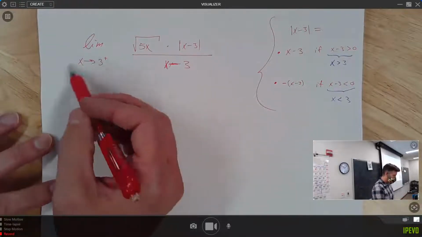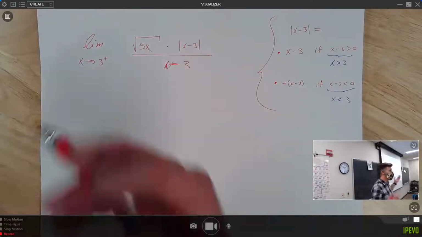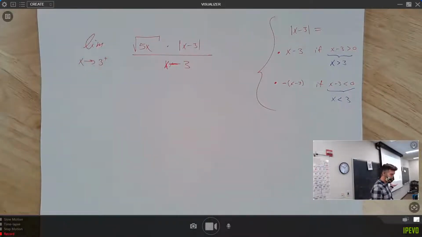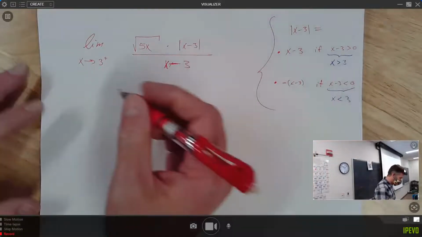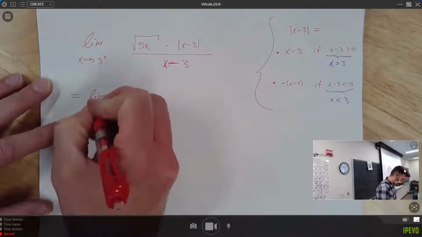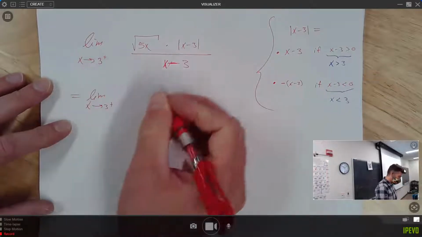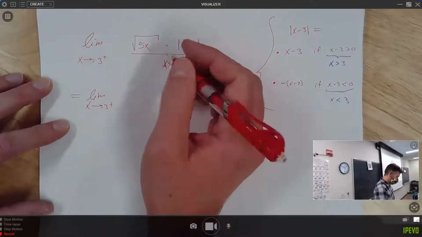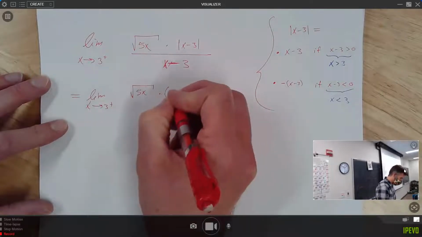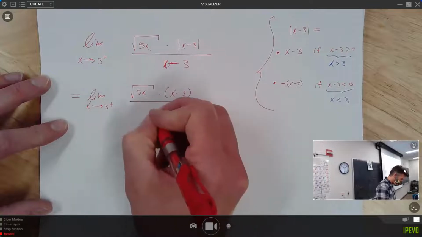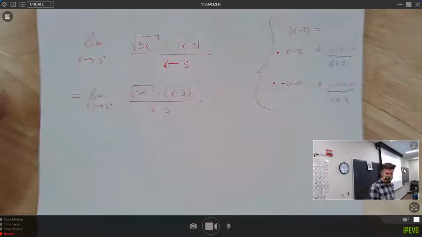So if we're approaching 3 from the right, we're bigger than 3. If we're bigger than 3, we get to use this piece of the function. So for this first part of this limit, we do just get to say, I'm going to drop the absolute values. This is going to equal the square root of 5x times x minus 3 over x minus 3.